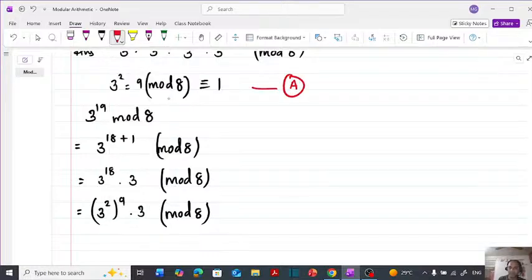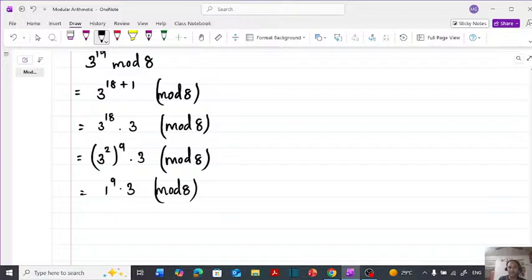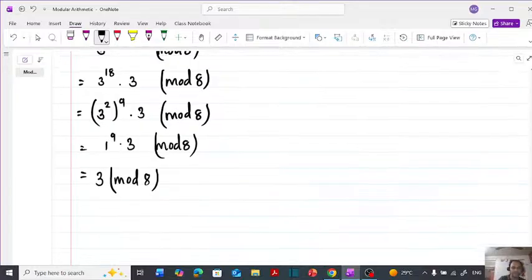So now what we will do is this is 1 to the power 9 into 3 mod 8, and 1 raised to 9 is 1 obviously, and that multiplied by 3 is 3 mod 8. This is how we get it. So we need not at all get scared. Alright, so this is how this is going to work. Very easy questions here.